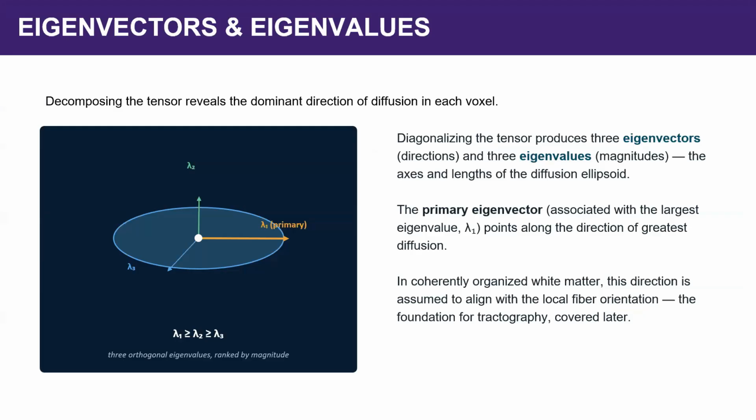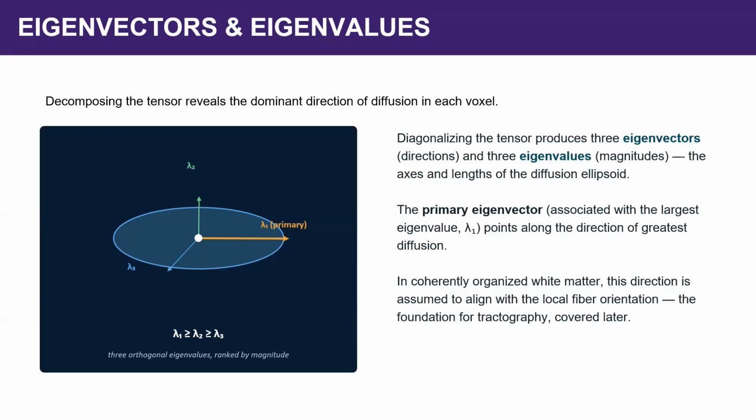The eigenvector is the vector per se, the direction, and the eigenvalue is the scalar, the measurement of your eigenvectors. For example, in this example, you have three eigenvalues and three main eigenvectors. And the first eigenvector has the scalar with the highest value.